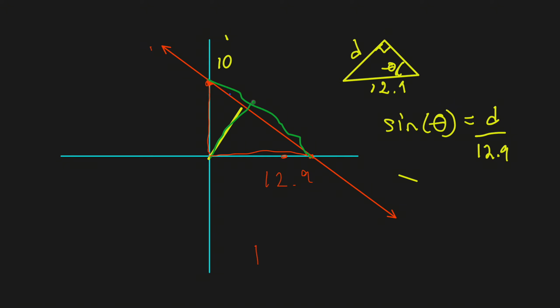So tangent of that angle is going to be the opposite side, which, give me 1 second, I'm going to try and find out its value. .5. So tangent of the angle is going to equal 10.5 over 12.9. To get the angle, we're going to do arctangent of those two numbers divided by each other.